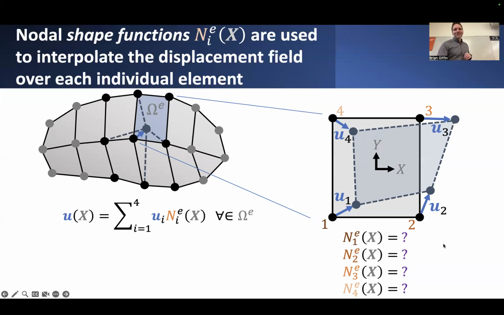Okay. So what I want to do is come up with some way of interpolating the nodal displacements at all 4 of these nodes, such that I recover all those nice interpolatory properties, partition of unity. So the question is, how do I construct these basis functions N1 through N4 for a single quadrilateral element in 2D, or in 3D, maybe a cubic element? How do I come up with these interpolating basis functions?